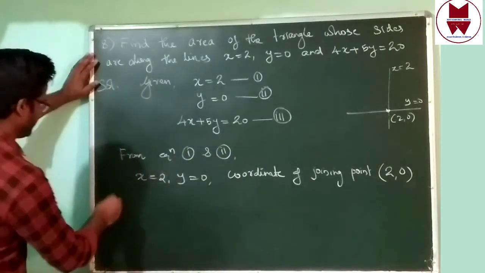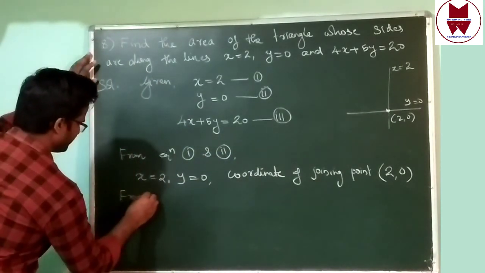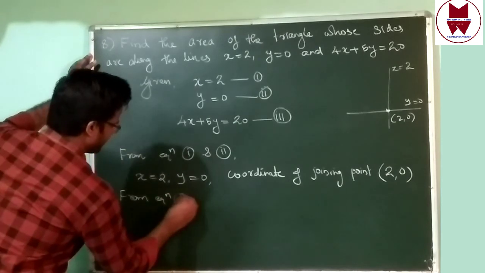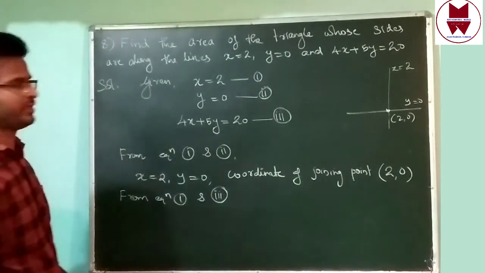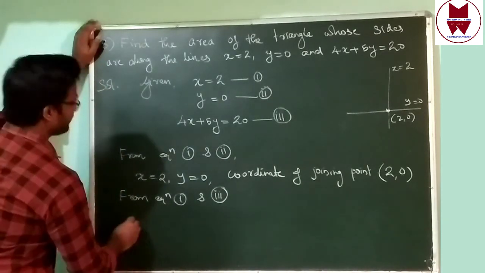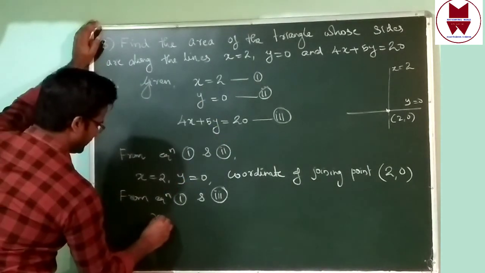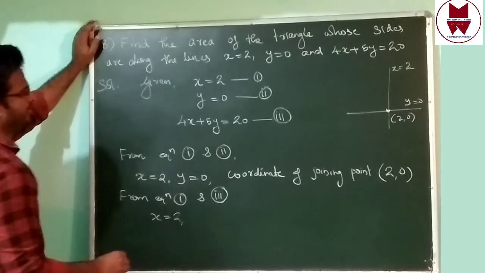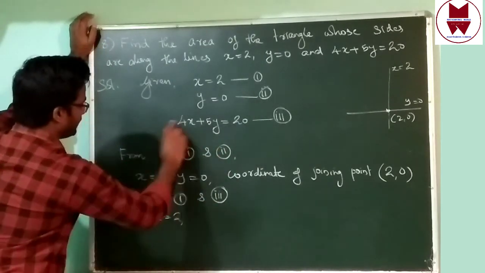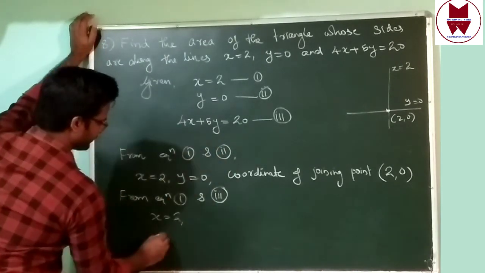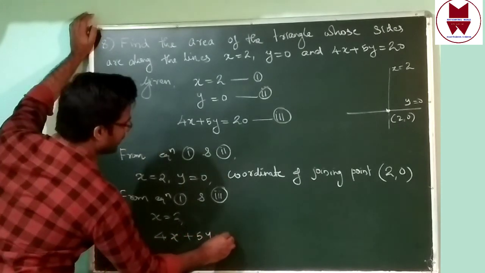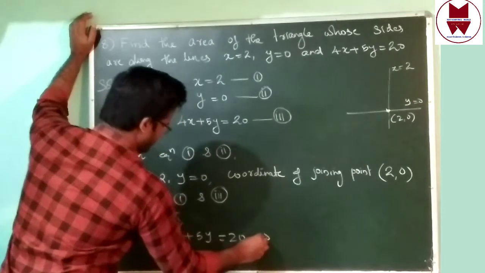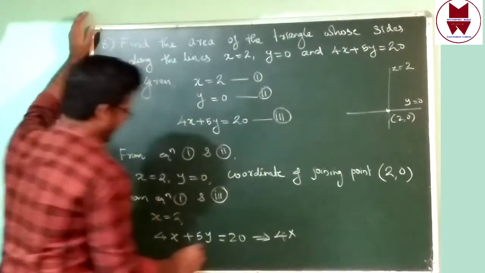Then next from equation number 1 and 3. We will use equation number 1 and 3. That time equation number 1 already given, x equal to 2. Then equation number 3 is 4x plus 5y equal to 20, implies 4 into, what is x?